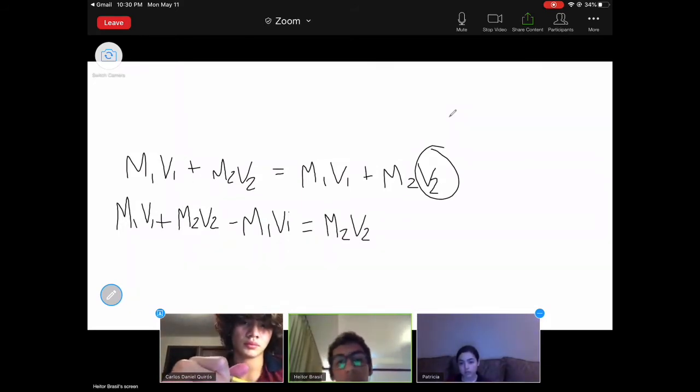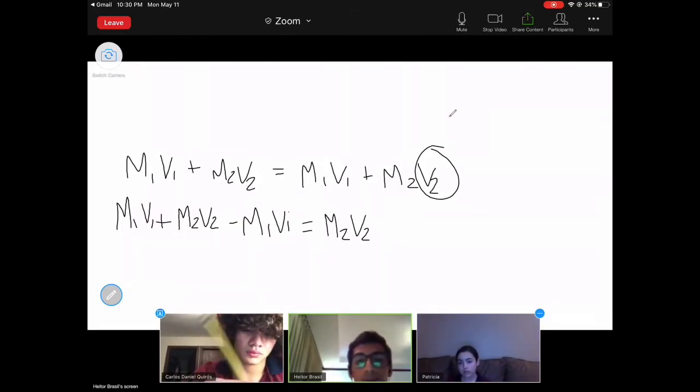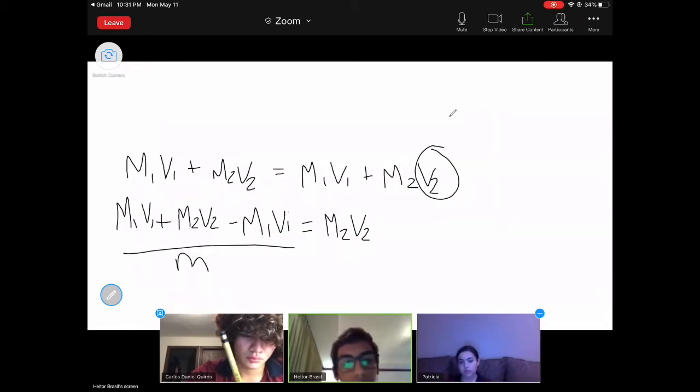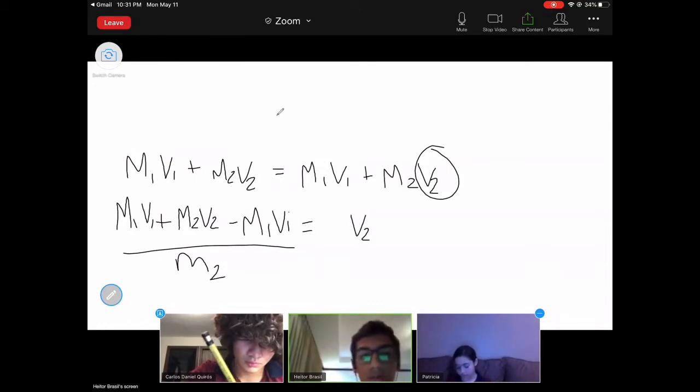However, you still need to separate the V2 from the M2. So you have to move that to the other side, and since it's multiplying, you're going to divide on the other side. So you're going to divide everything by M2. And now you have your variable alone on the left. Okay, that's our formula.